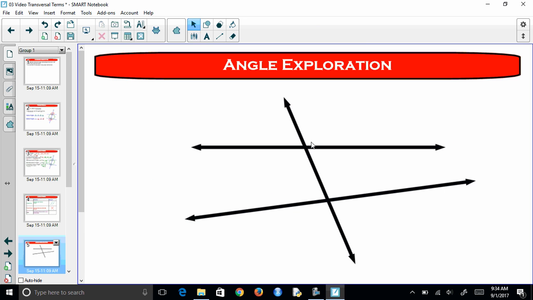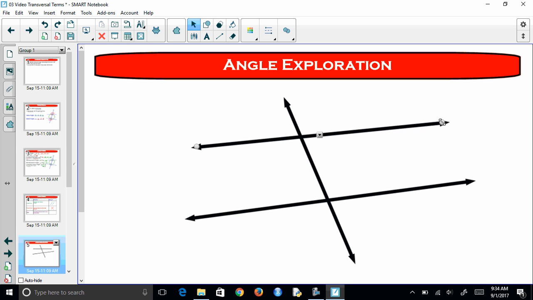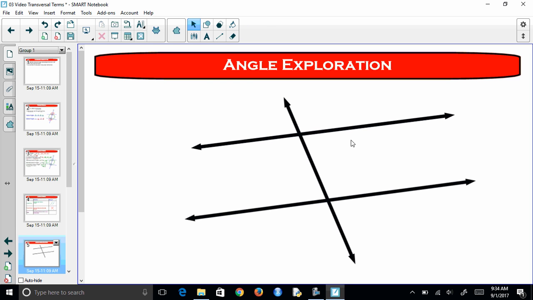All right, now here is a situation where we have lines. If I took these lines and tried to make them as parallel as I could, now those look pretty parallel. Now I'm going to draw on this angle here. I'm going to draw a little cross.